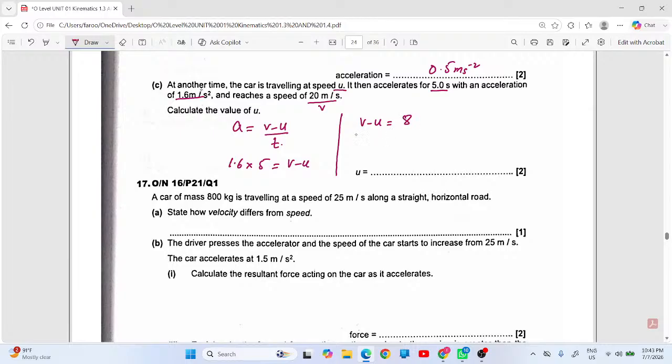Now this v is 20, minus 8 equals u. U will be shifted so it becomes positive. So 20 minus 8 is 12 meter per second. This is also important.